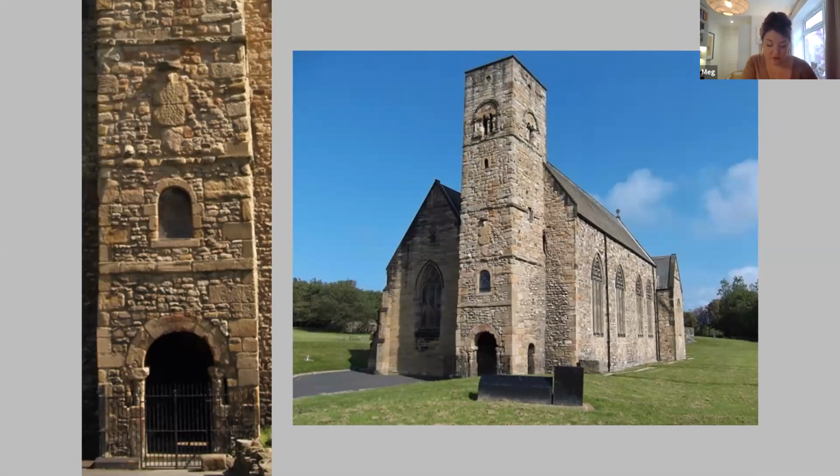Rather, the observable ornament on the structure is figural, namely the life-sized, now incredibly weathered structure that exists on the tower. And I hope you can see my cursor as it moves here. Maybe you can. But this figure, which is now unrecognisable, has been tentatively identified as either possibly being a Christ in Majesty or the figure of St. Peter himself, placed in the gable of the doorway to the church.